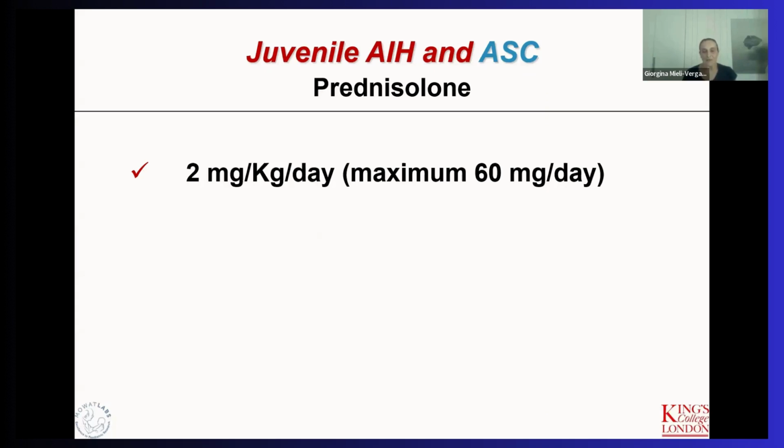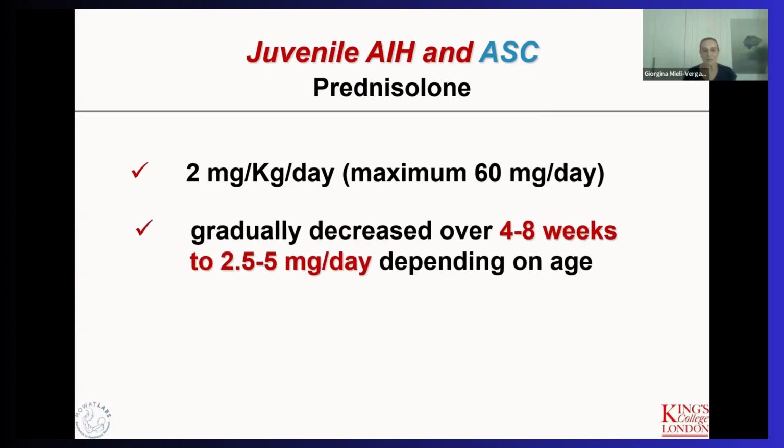And then the whole secret, this is the most important message of this webinar, I think, is that once you start with that, which is a pretty high dose, you then decrease it gradually but quickly over 4 to 8 weeks to a very, very low dose of prednisolone, 2.5 milligrams per day, depending on age and weight, of course. Now, why can you do that? Because children present acutely and they usually respond very swiftly.